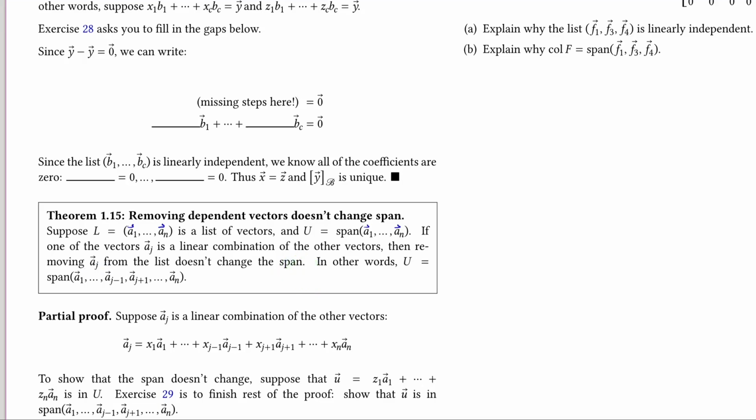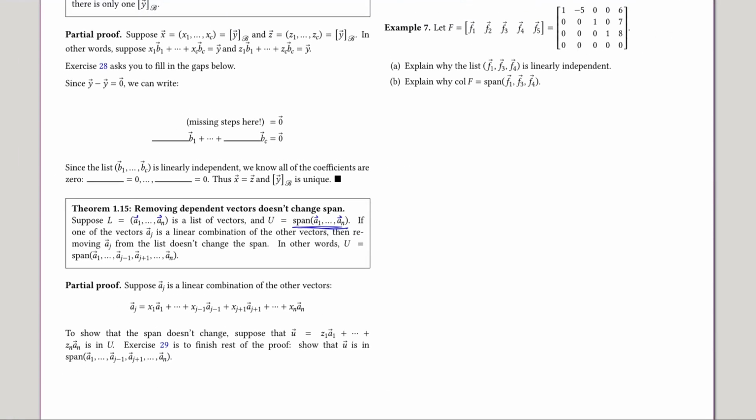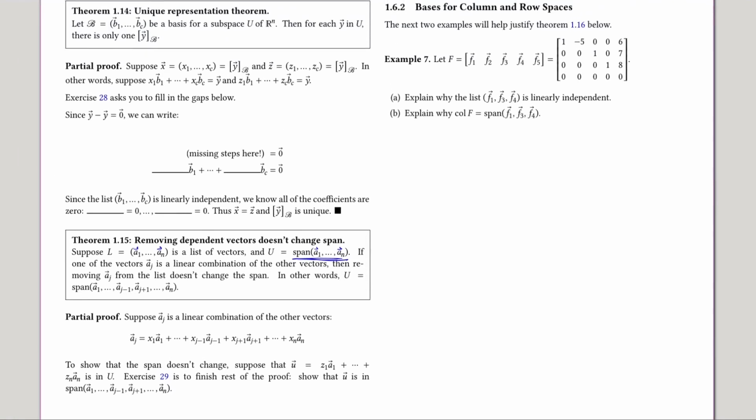In other words, the span that you had before is the same as the span of the vectors without aj in it. Like we have aj minus 1 and aj plus 1, but we lost aj. That's okay, because whatever linear combinations you were making with aj, well, aj was a linear combination of the other vectors, so you can still make that same linear combination with the other vectors too. So that's my hand-wavy explanation for that one.